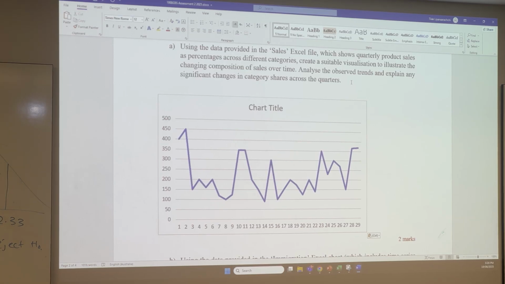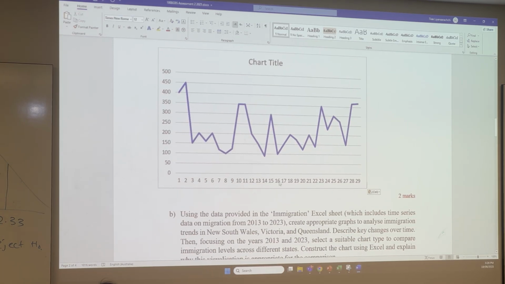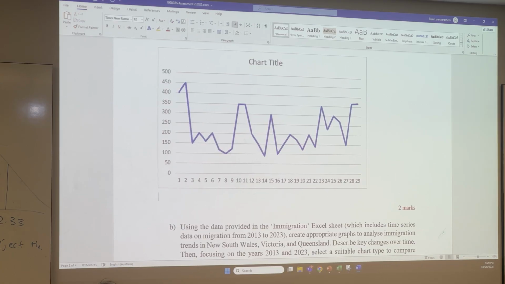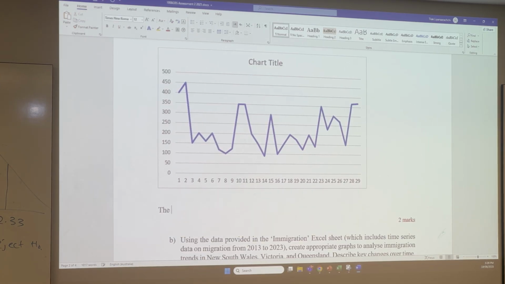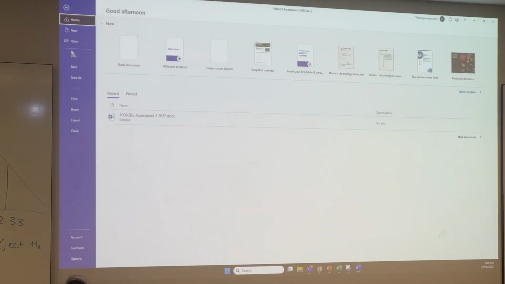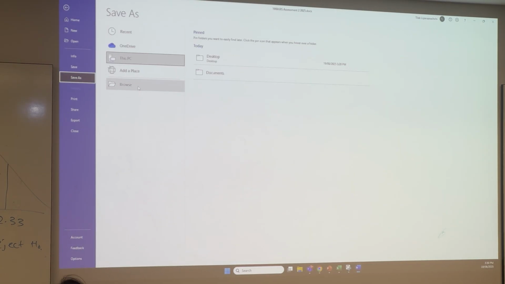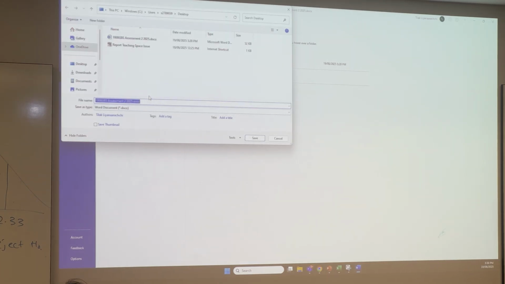And then you can write something like: the line graph is suitable for the data because, something like that. You can save it underneath, please put your name and save it as your name, and then submit.